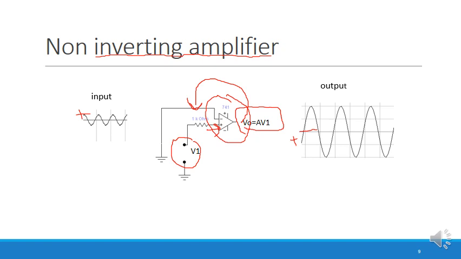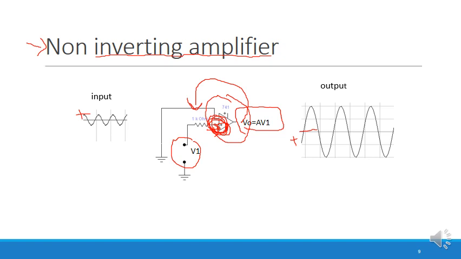Why is it called non-inverting? Because the output is not inverted. One point: input is given to the non-inverting terminal of the operational amplifier.